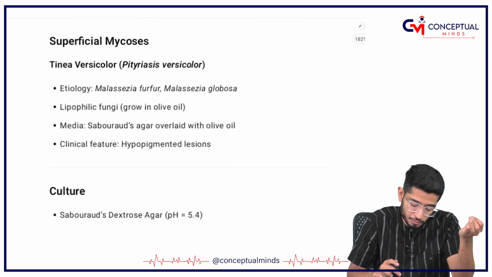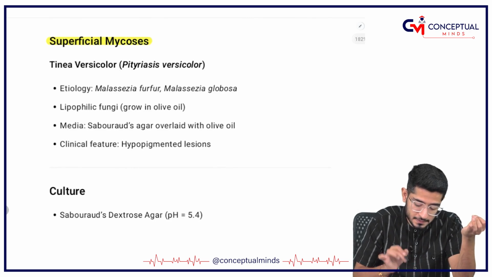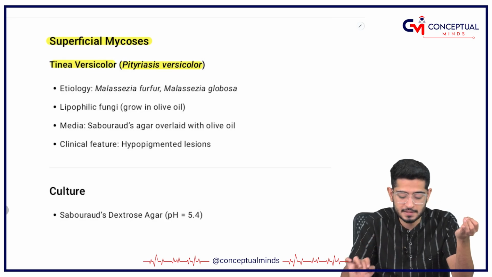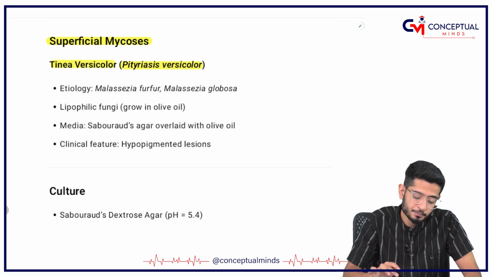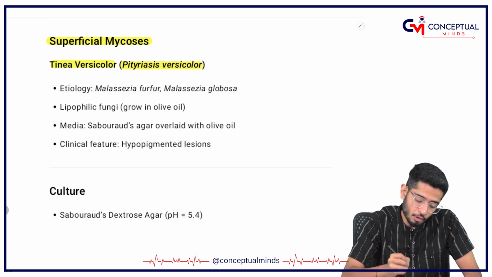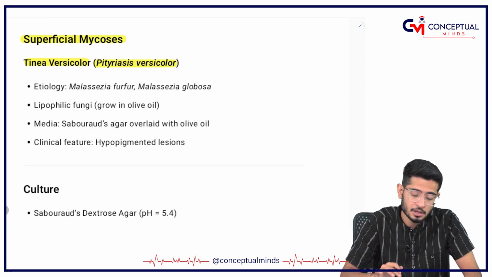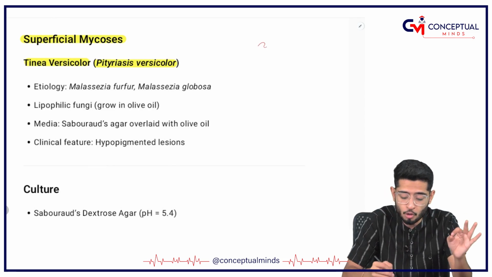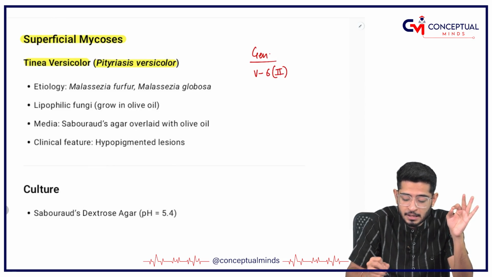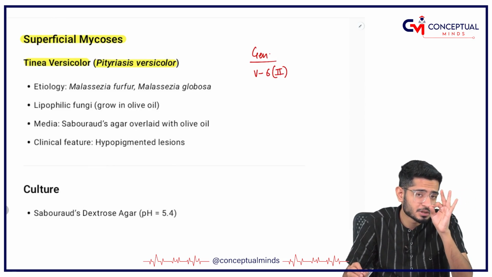So coming on to superficial mycosis, Tinea versicolor, also called as Pityriasis versicolor. There are different types of mycosis, and in order to know the classification, please go to the general microbiology, class number 6th, part 2nd, and check out the classifications of fungus.